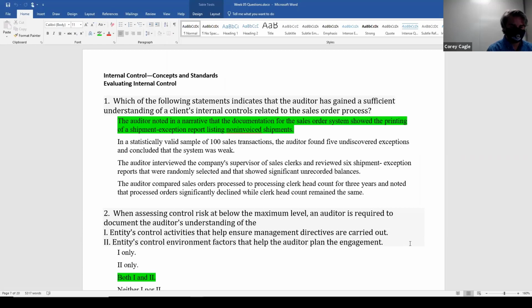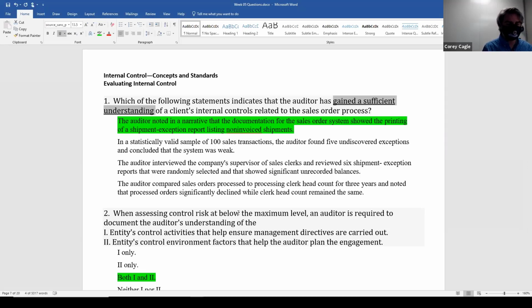So I think the key word there is they noted in a narrative that this was going on, right? The whole idea here is which of these indicates a sufficient understanding, right? So it's making sure to focus on that key word because the others are tests of controls or substantive tests, depending on what they end up saying.